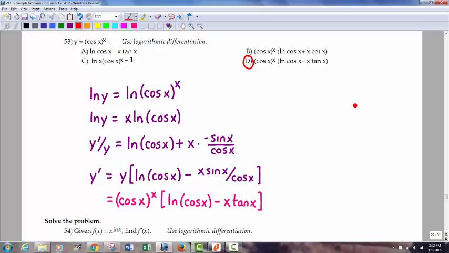Logarithmic differentiation, which is a technique, and you can use it for complicated algebraic functions if you wanted to, but it has to be used for these kind of functions. When you have a variable in your base and a variable in your exponent, the only way that can be done, there's not a formula.